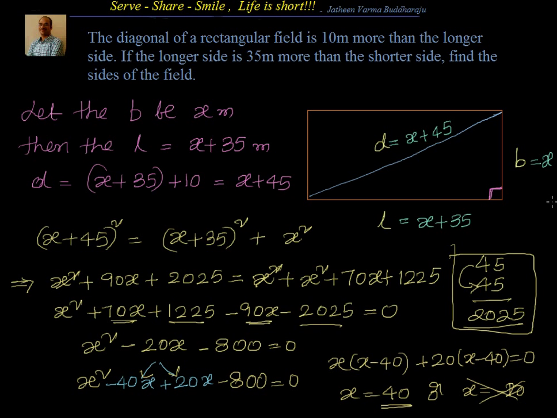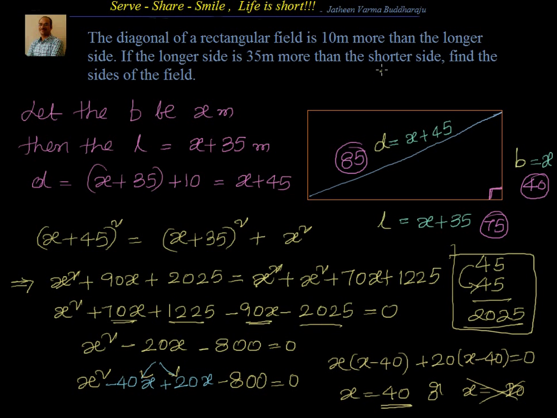So let's substitute the values now. x is 40. Then length is x plus 35, that is 75. Then diagonal is 40 plus 45, 85. We want to check whether this is correct or not. For that, let's take them now.